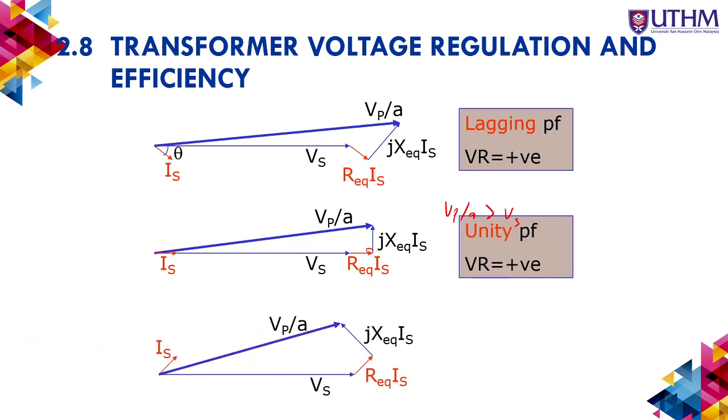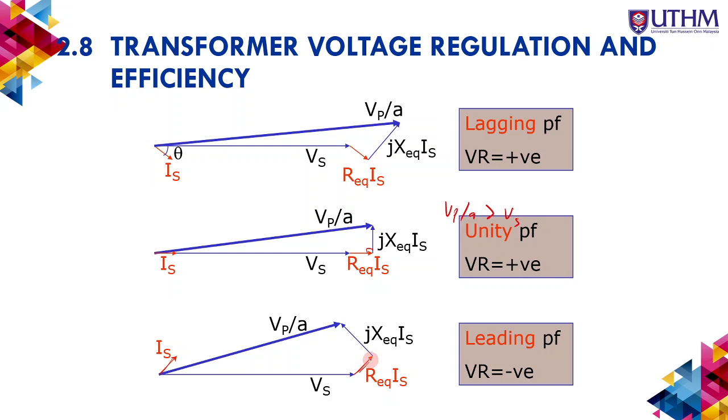And then when the power factor is leading, we draw a V first, and then we know the current is leading. So we just multiply. This one is the same direction, same angle as the Is over here.